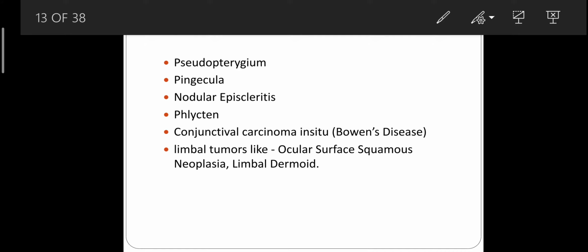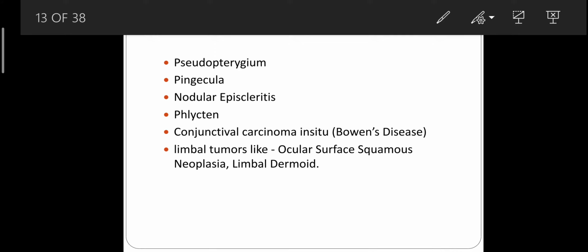Another important differentiating feature is that it doesn't adhere to the limbus, so it's not firmly attached to the limbus. When you pass a rod at the limbus, what we call the rod test, you'll be able to pass a rod below the pseudopterygium, whereas in case of pterygium you won't be able to pass a rod because it is firmly attached to the limbus.